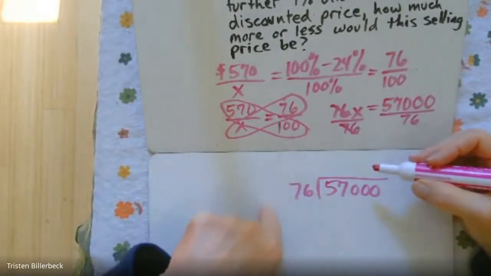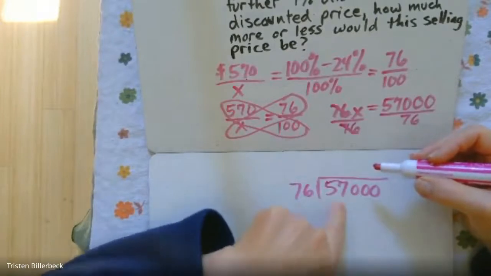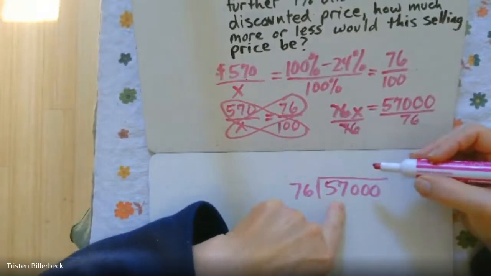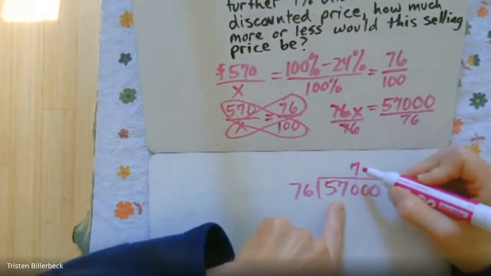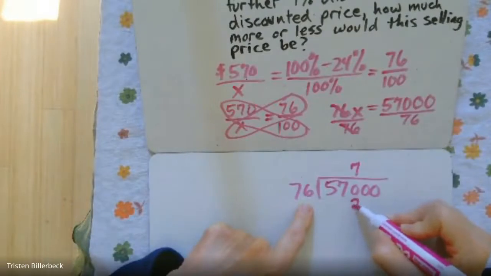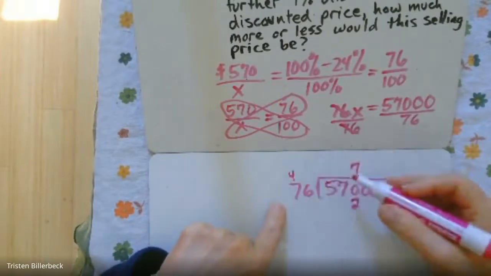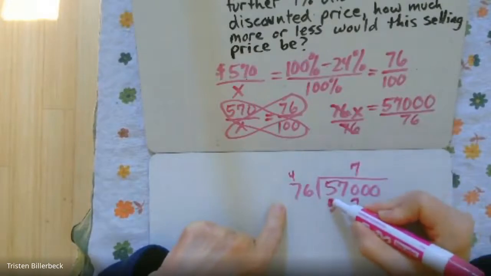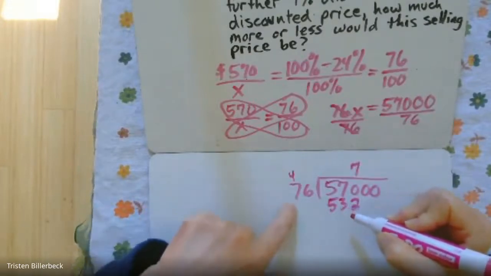Let's round it to 80. How many 8s are in 57? Well, 7 times 8 is 56. Let's try 7. So 7 times 6 is 42. 7 times 7 is 49, plus 4 is 53.